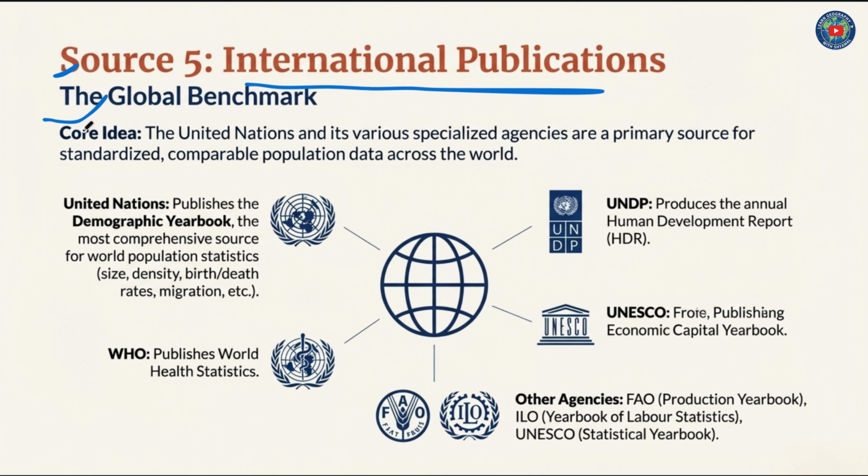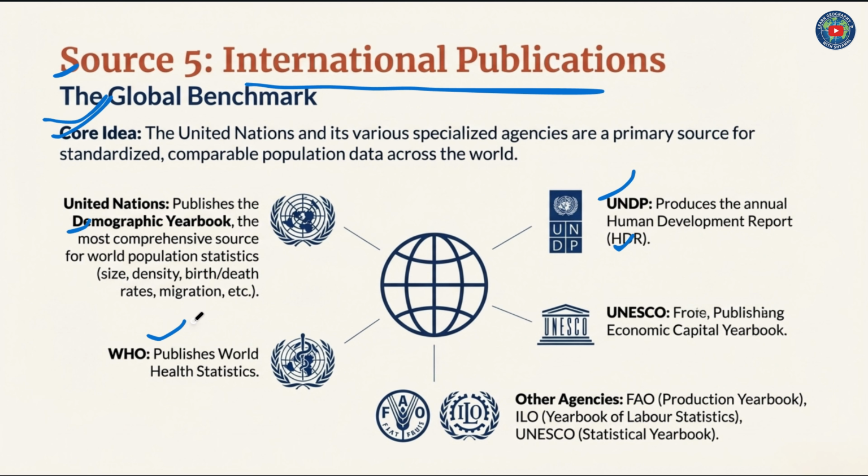The global benchmark. Core idea: the United Nations and its various specialized agencies are the primary source for standardized, comparable population data across the world. The United Nations publishes the Demographic Yearbook, the most comprehensive source for world population statistics: size, density, birth and death rates, migration, etc. UNDP produces the annual Human Development Report, HDR.